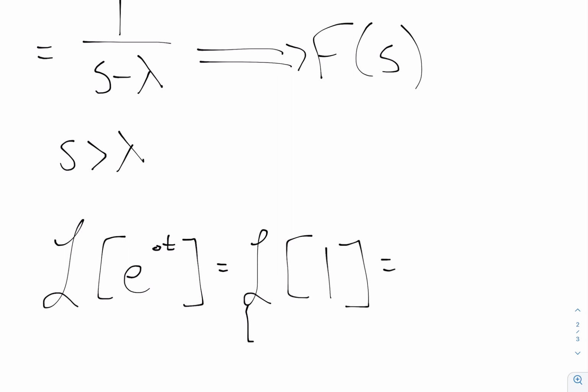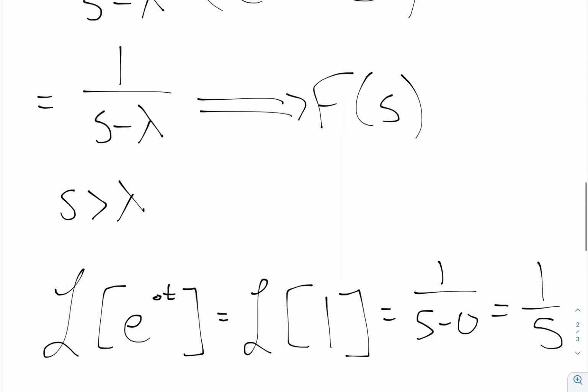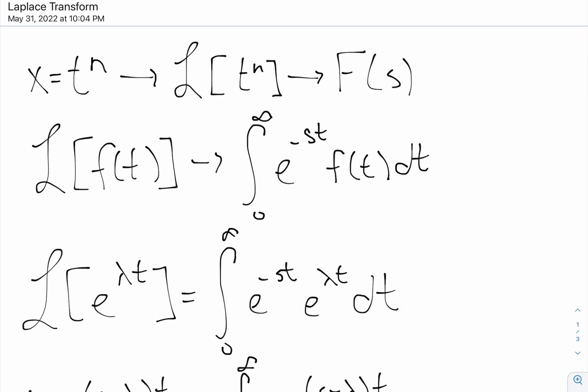Now we can figure out what the Laplace transform of 1 is using the formula we just found. So if lambda was 0, this will be 1 over s minus 0, which is just 1 over s. Okay, and we'll figure out how we get that equation in a separate video, but right now I just wanted to do one example of how we could transform a function in the t domain.